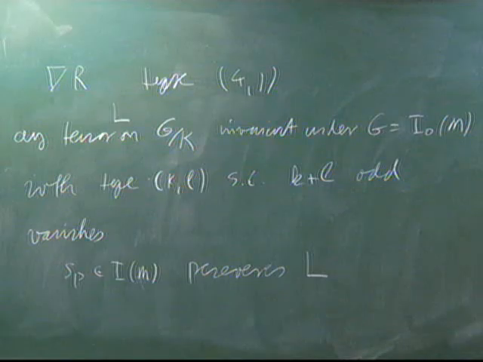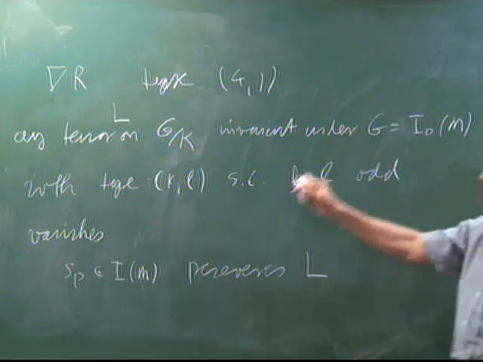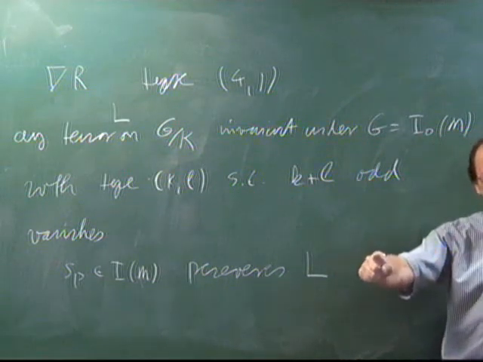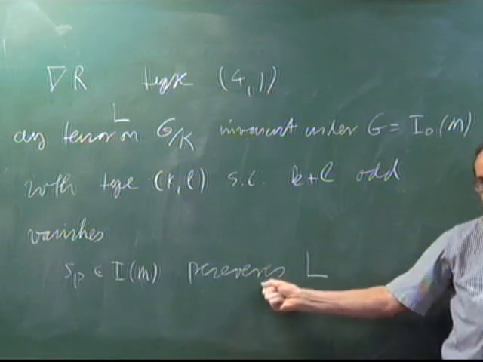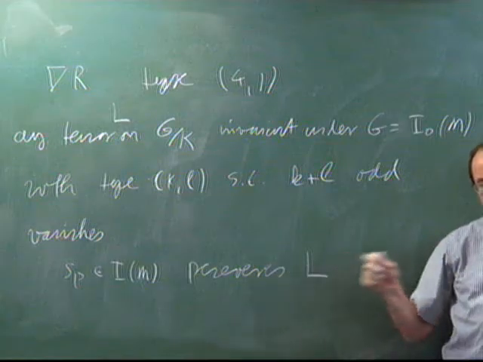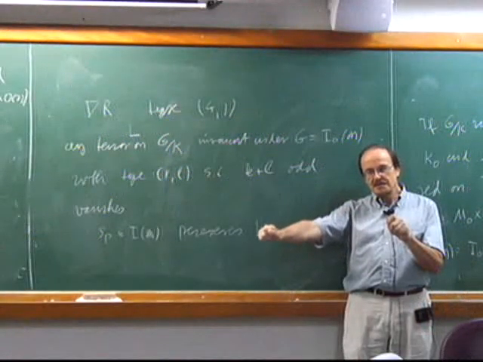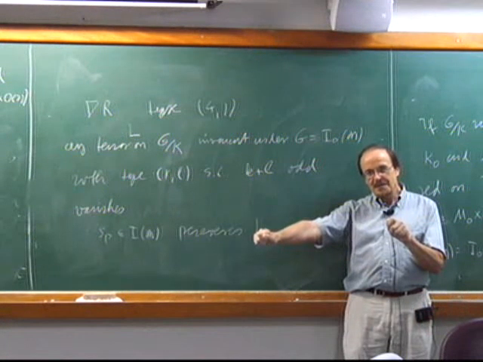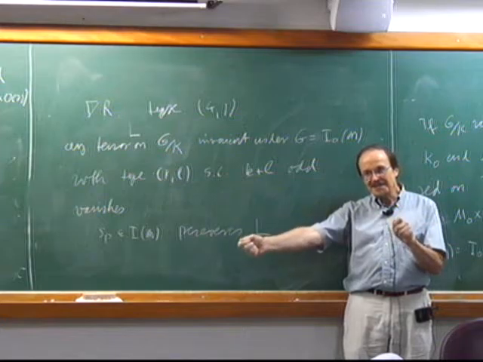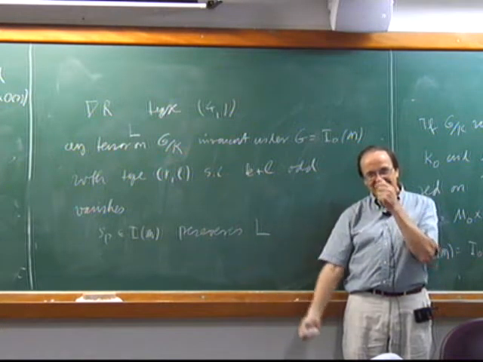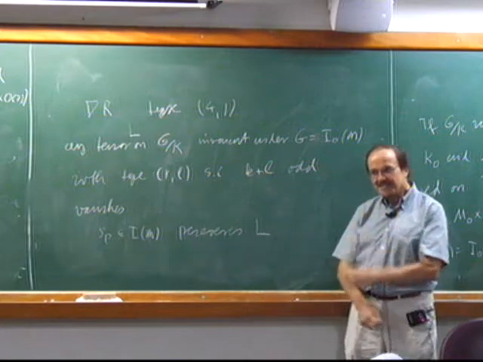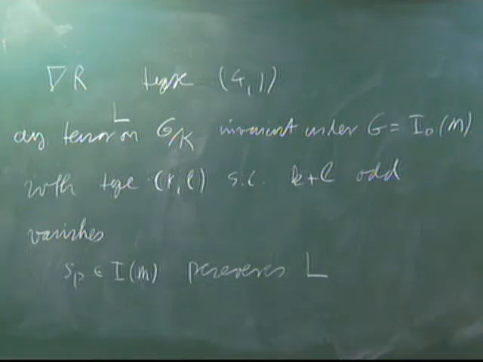What does that mean? You can interpret this as a tensor where I put in K plus L arguments and I get a real number out of it. s_p preserves it. That means that if I put it into each argument, I get the same thing. Well, there are an odd number of arguments, so it comes out as minus identity, and therefore it vanishes. So any tensor of odd order in that sense must vanish.